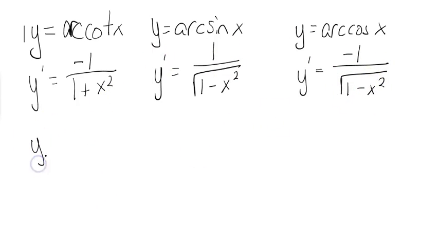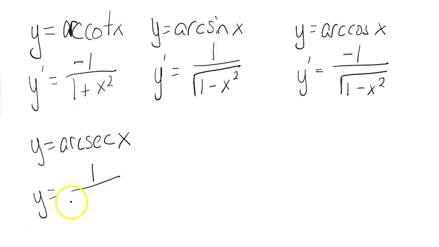Let's see, we haven't touched arcsecant. Yes, 1 over the absolute value of x. That's where our absolute value is coming in that we were wanting to use. Square root of x squared minus 1. So it's the opposite underneath of these.